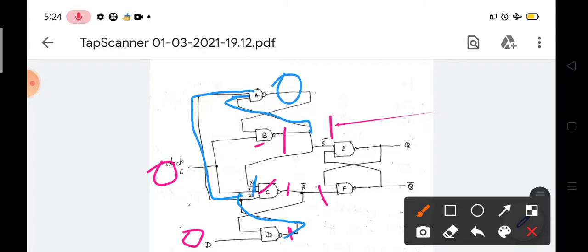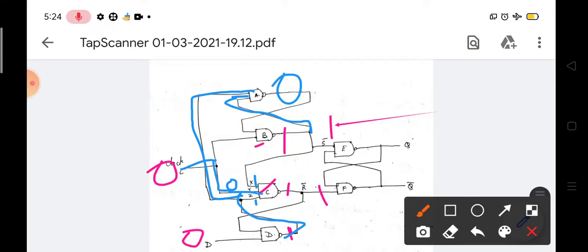Now when x equals y equals 1, if I do x and z, I'll make x and z 1. z is already 1, so x and z is 1. If your x is 1, z is 1, and y is coming from this clock, so y is 0 here.